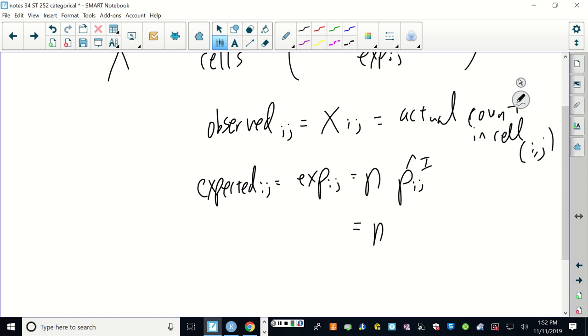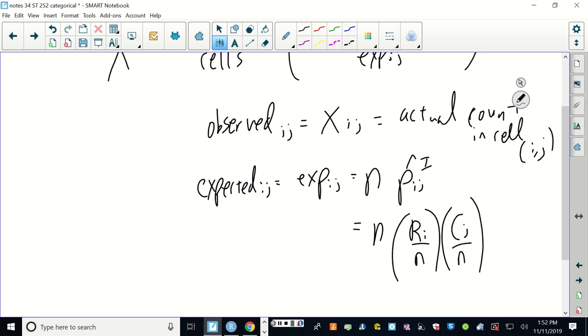And the estimate under independence is the row probability times the column probability, because under independence you multiply things if they're independent. The chance of them both happening, that row and that column, is the probability of that row times that column. So this was the number in the row over n times the number in the column over n.